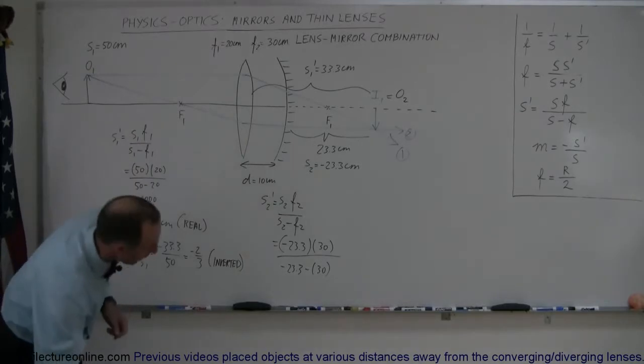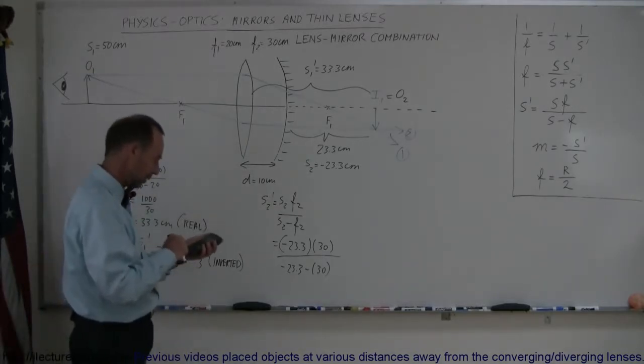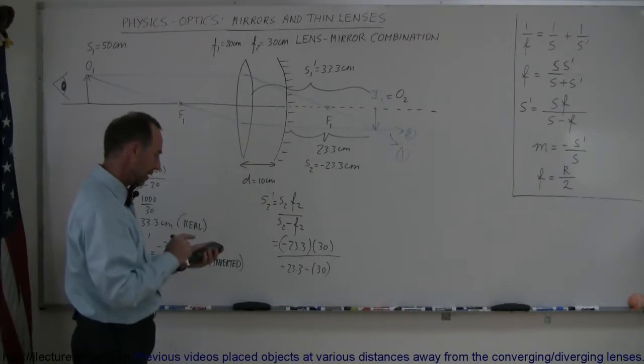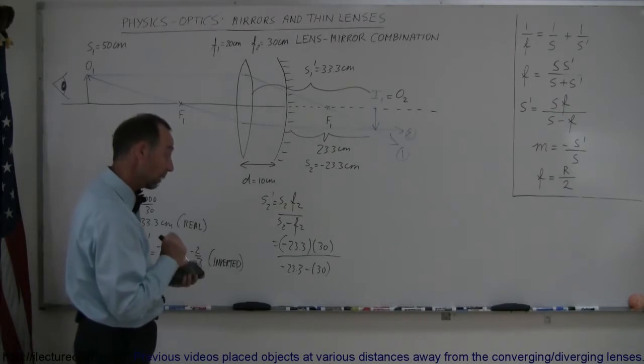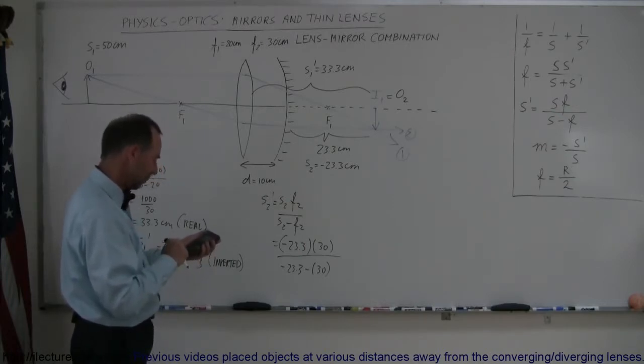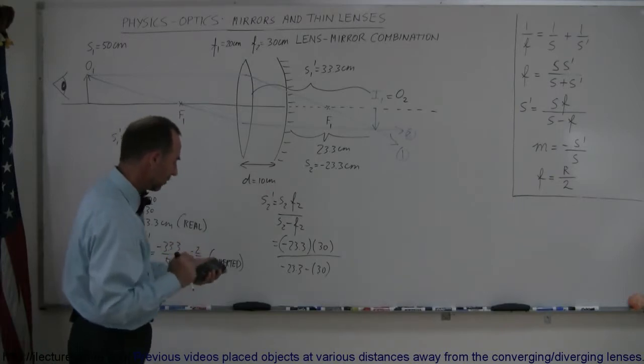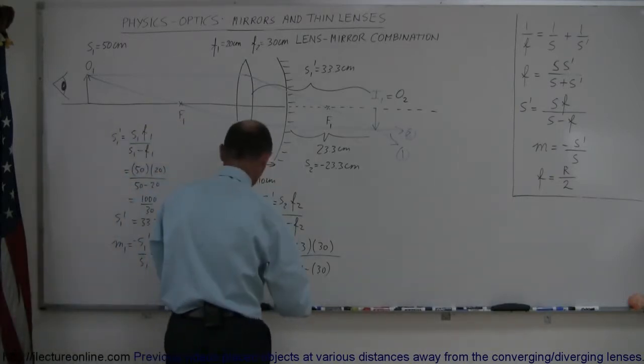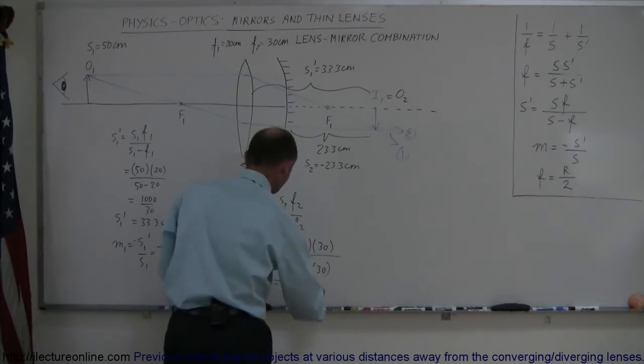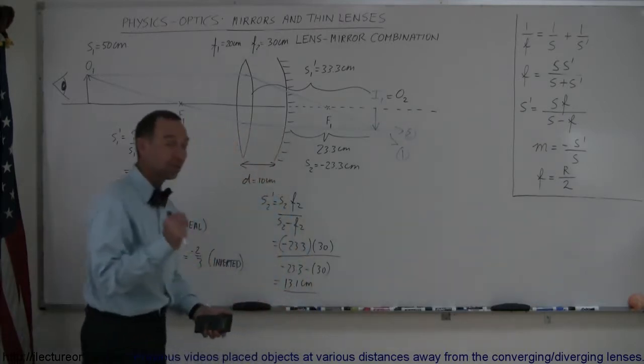All right. Grabbing a calculator, 23.3 times 30, and divide that by, looks like 6.7. Oh, no, we're adding those two together, aren't we? So it would be divided by 53.3. And that's a negative divided by a negative, which is a positive. So this is equal to a positive 13.1 centimeters.